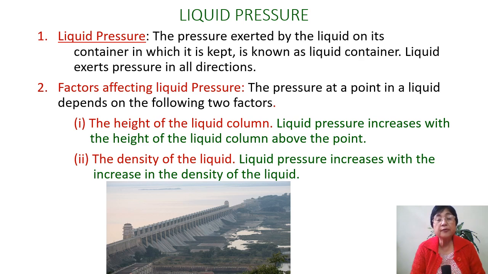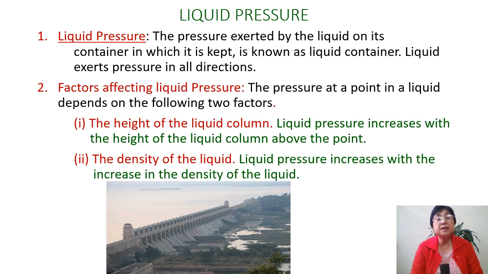So if you have the surface here and you measure the height, the more this height from the surface, the more will be the pressure. Then two, the density of the liquid. Liquid pressure increases with the increase in the density of the liquid.